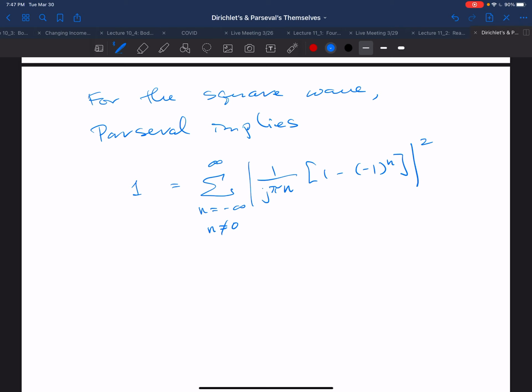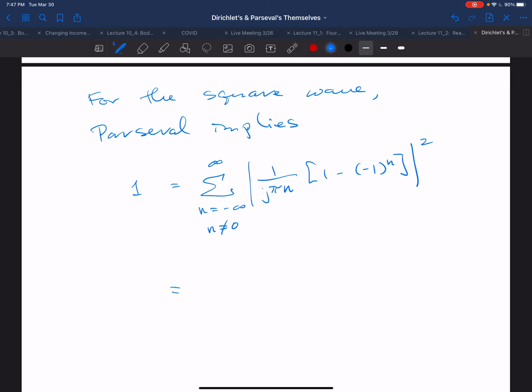Now we can simplify this a little bit because when n is even, the term in the square brackets here will just give us 1 minus 1, or 0. So we're only interested in the odd values of n, and for those odd values, this will give us 1 minus minus 1, which is 2.